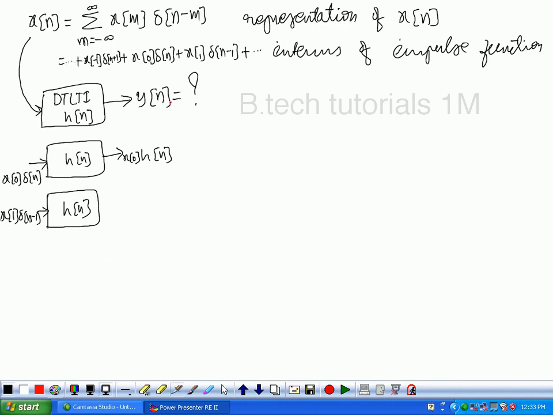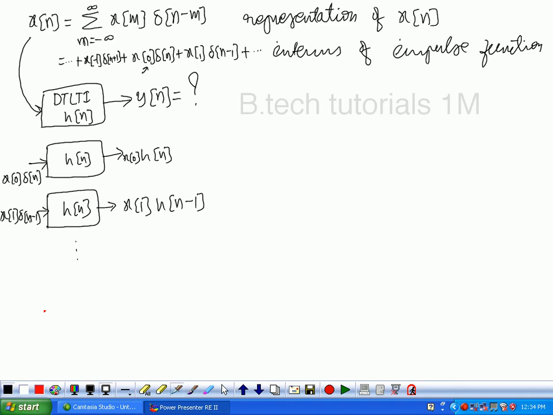First we consider this. We applied this as input and obtained the corresponding output. Now apply x of 1 into delta of n minus 1. What will be the output? It is x of 1 into h of n minus 1. Why? Because the input is delayed, the output will also be delayed, because the system is a time invariant system.